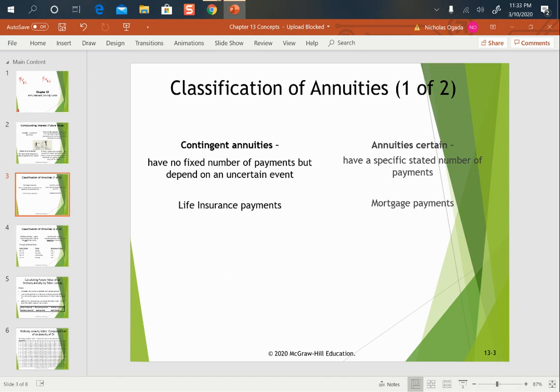A good example of this will be the mortgage payments, or it could be the contingent annuity, where in this case it depends on a particular event occurring. And because we don't know when the event will occur, then it becomes uncertain event. So it becomes a contingent annuity. And a good example of this will be the life insurance payments.